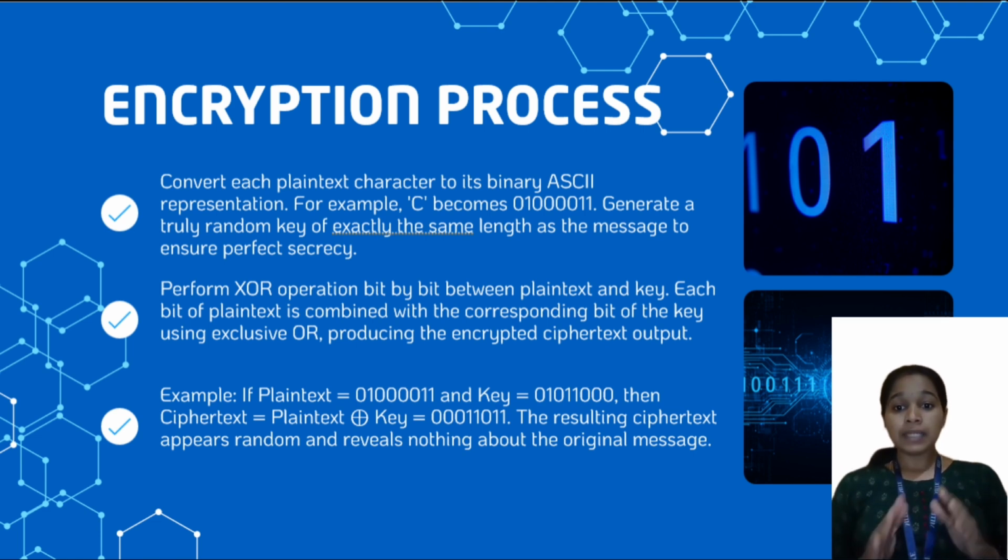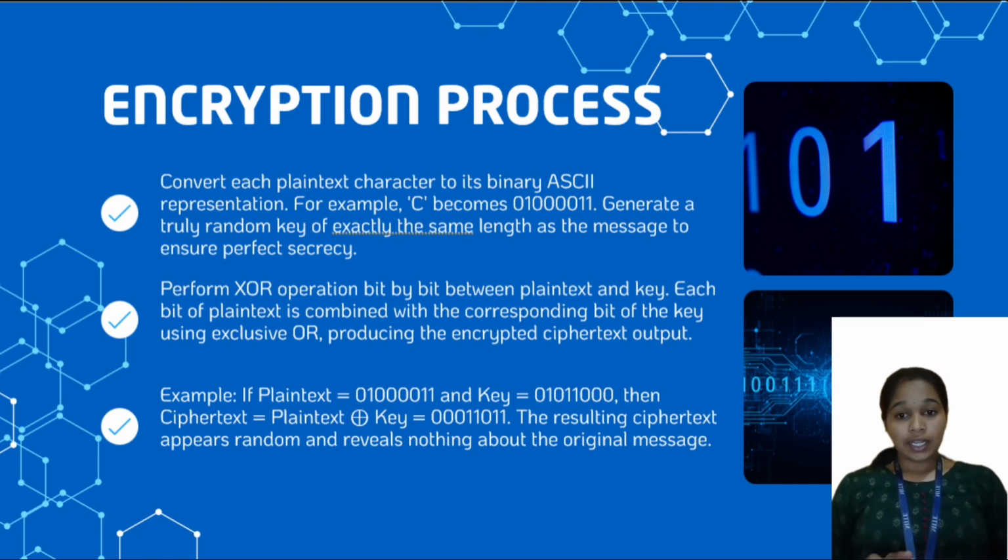Now I will briefly explain how encryption and decryption work. First, let me talk about the encryption. We take an original message which is called plain text, for example confidential. Then we convert the message into binary format because our computer only understands zeros and ones.